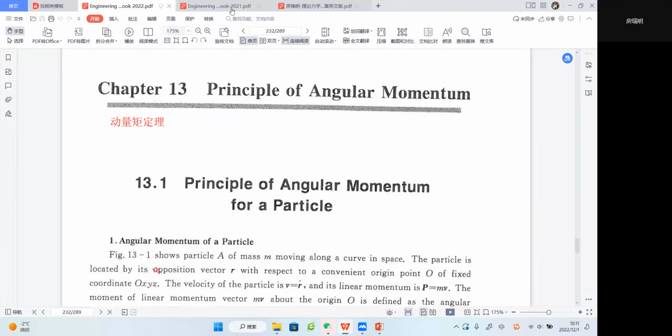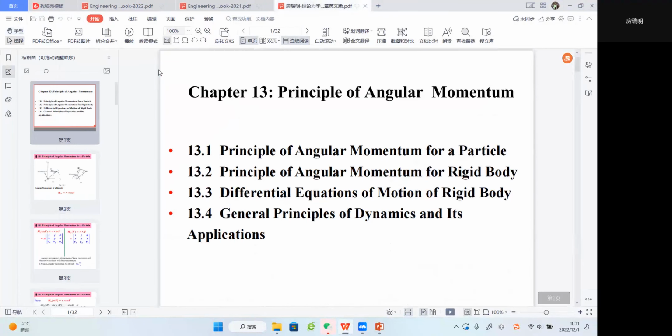So let's start from the first section. Okay, we can find from here. Actually, the first one is related to the body.